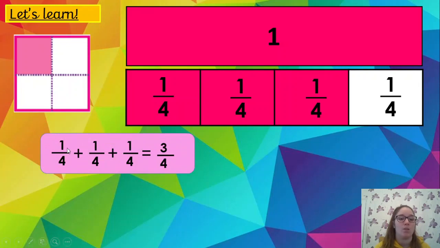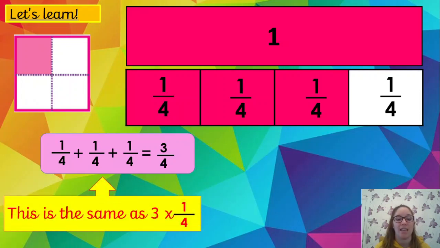So we've got 1/4, add 1/4, add 1/4 equals 3/4, which is the same as 3 times 1/4. Because you've got 3 here, you're just timesing the 1 by 3 to get 3/4, timesing this 3 by this 1.